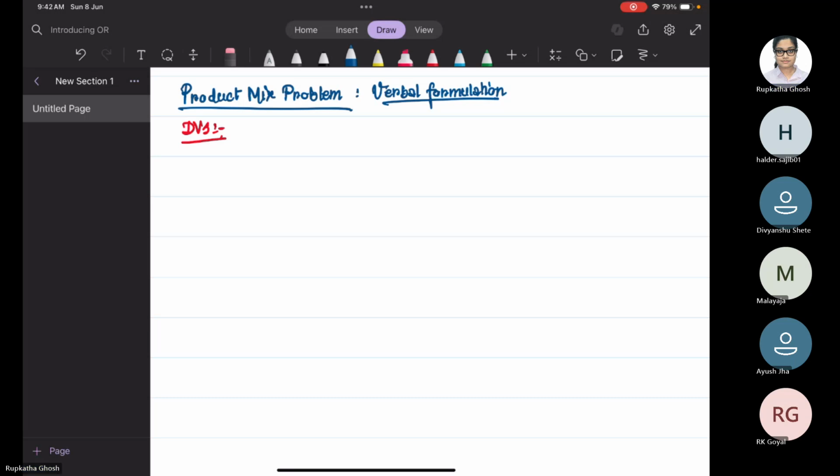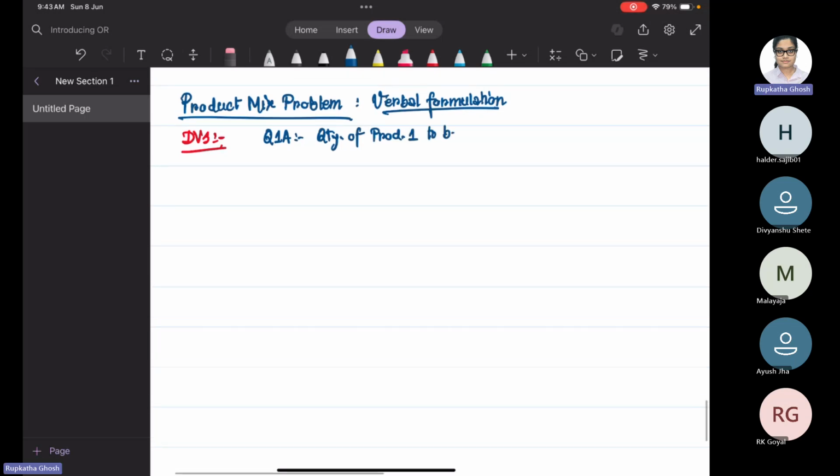Am I clear? And at the same time, you have 3 plants. So your decision variables are, let's say Q1A, that is the quantity of product 1 to be produced in plant A. The unit is in number of pieces, let's say.